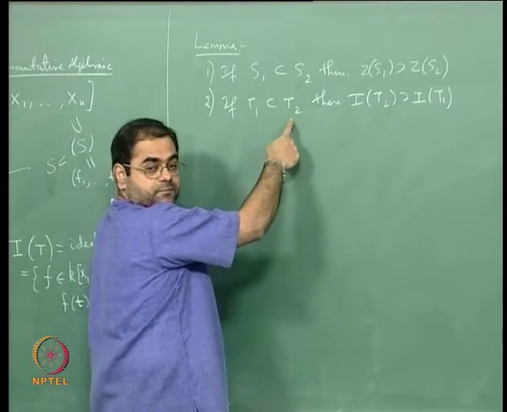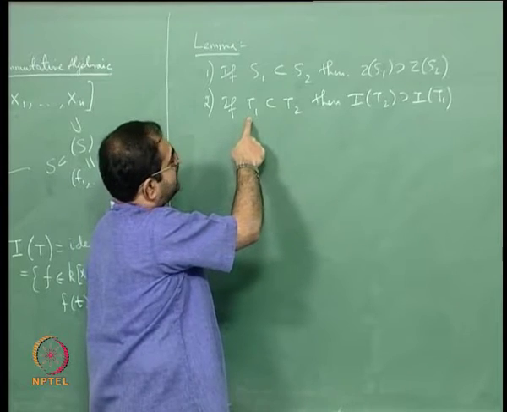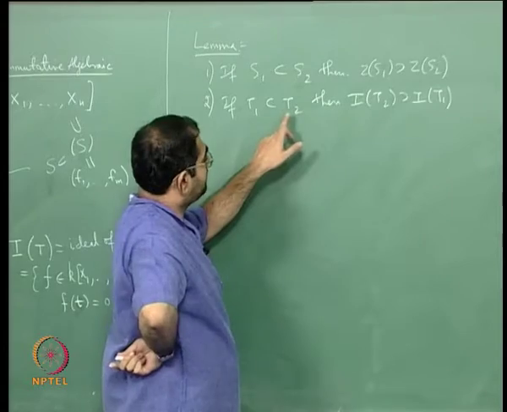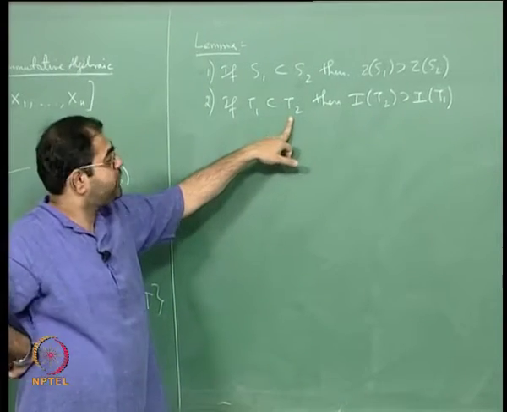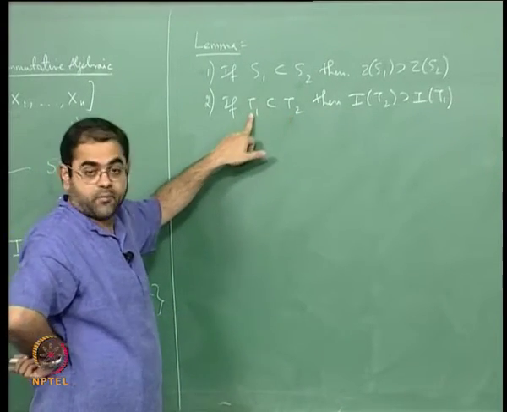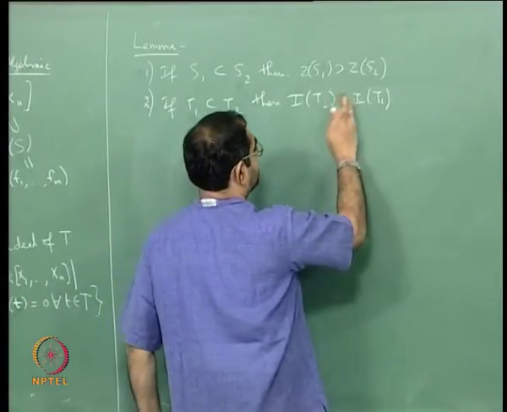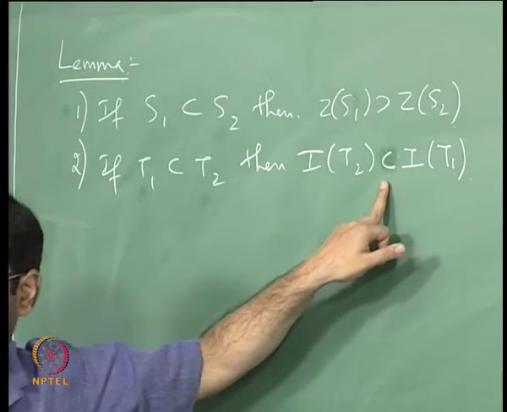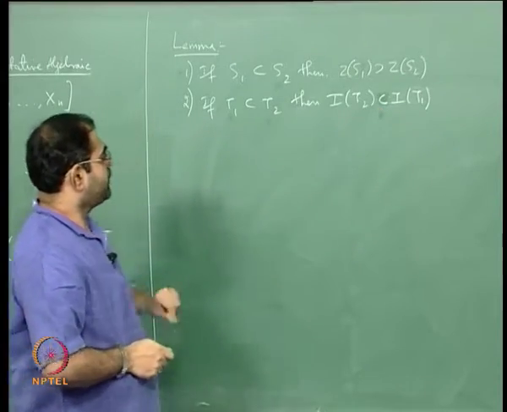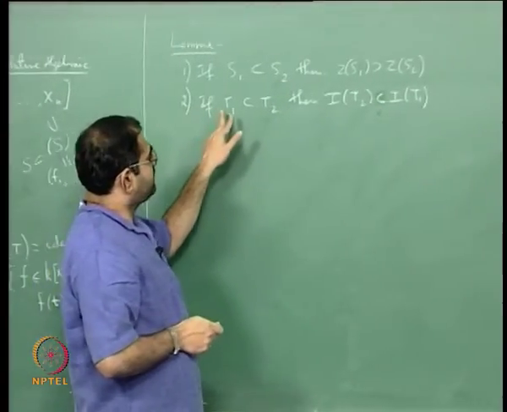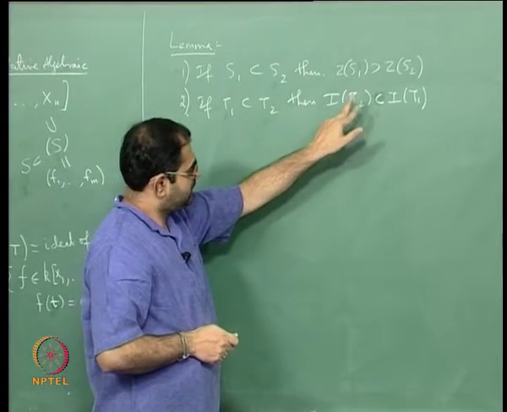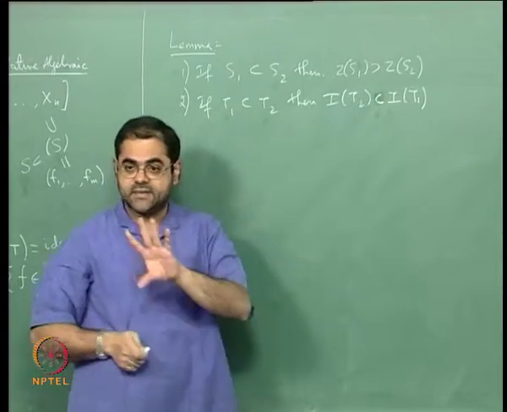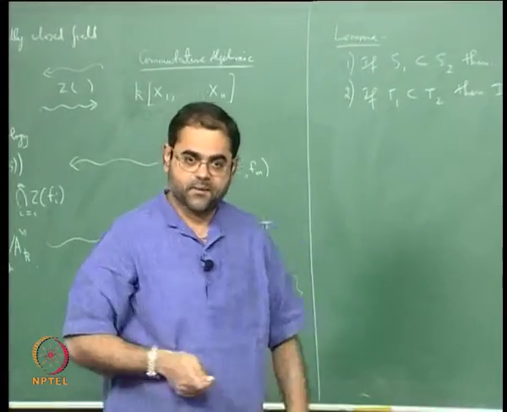And look at this, if T1 contains T2, okay, then if you take a function which vanishes at every point of T2, then it will vanish at every point of T1, therefore probably this has to be the other way around. Okay, so probably that was a mistake you were pointing out. Yeah, so if T1 is contained in T2, then the ideal of T2 is contained in ideal of T1, because the way I first wrote it, it seems to be order preserving, which is not correct. Okay, fine.